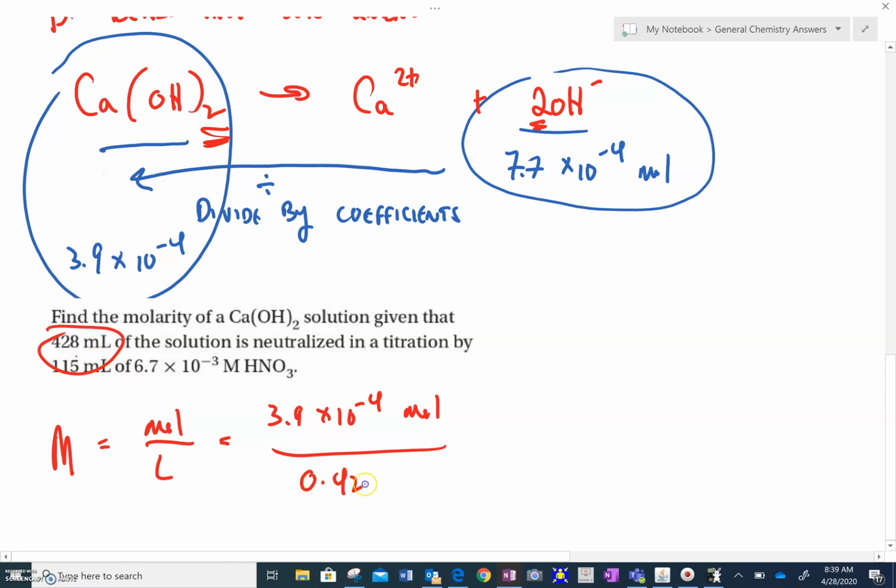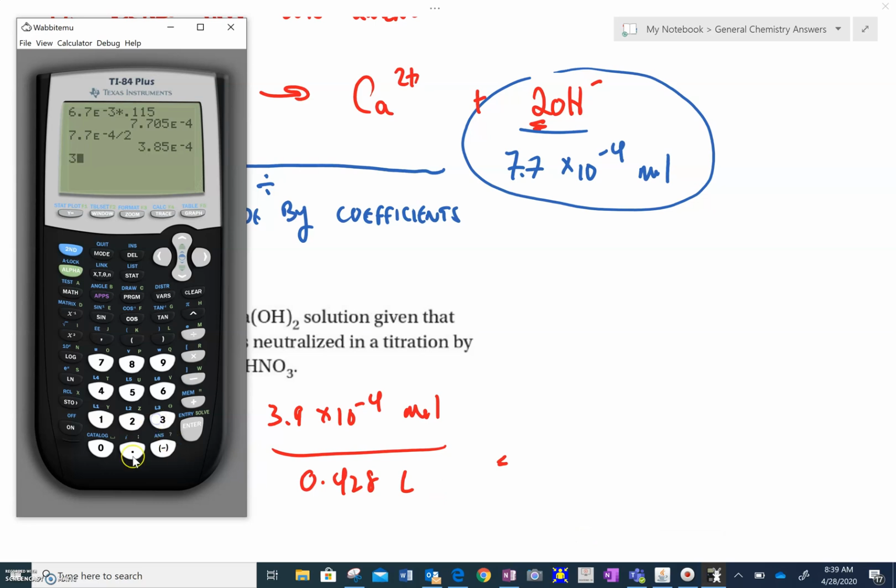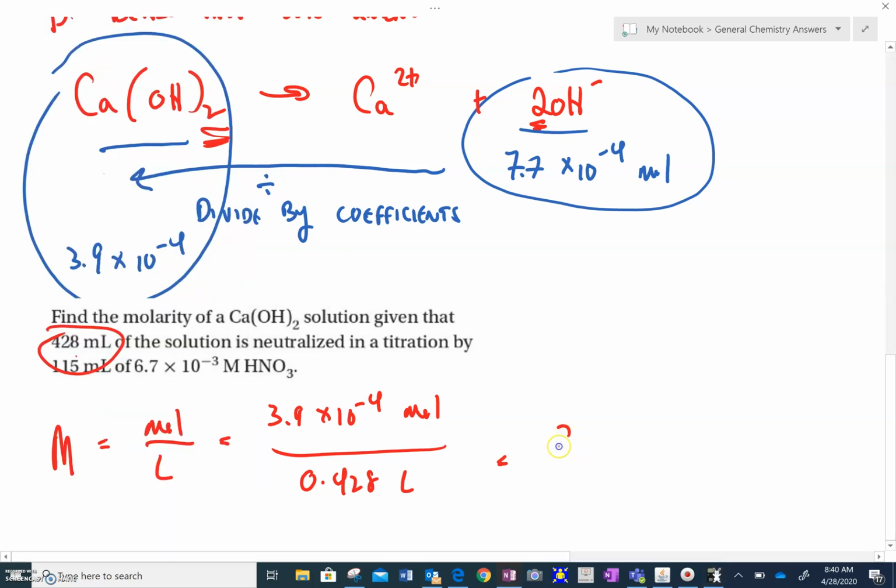We're going to divide that by 1,000, 0.428 liters. And let's bust out our calculator. We'll say 3.9 times 10 to the negative 4 divided by 0.428. This is our final answer. What's our concentration? 9.11 times 10 to the negative 4 molar calcium hydroxide. That's all we do, ladies and gentlemen.